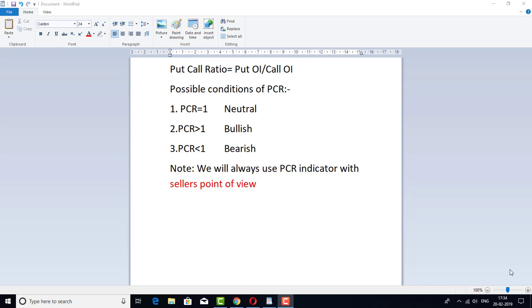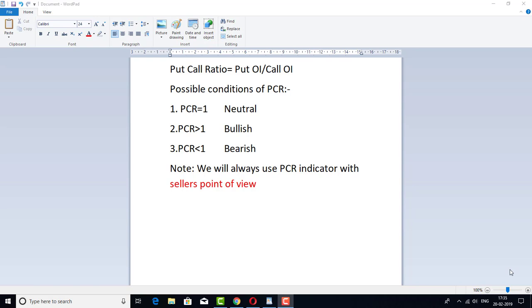The third condition is PCR less than 1. And when does this occur? Whenever the call open interest is more than the put open interest. By that I mean the call sellers are more in number compared to the put sellers. That means call sellers having a bearish view.